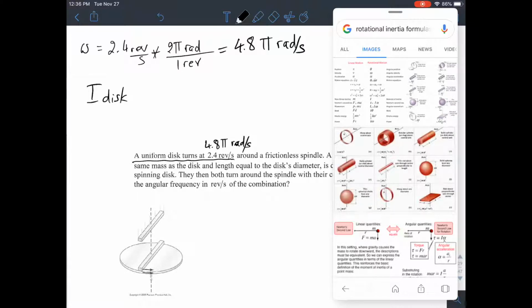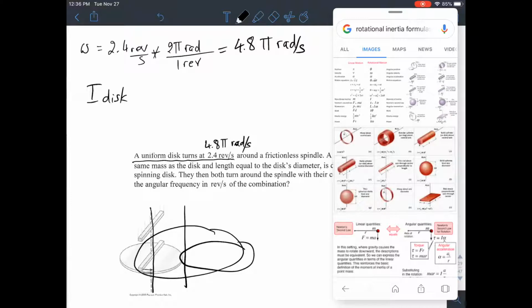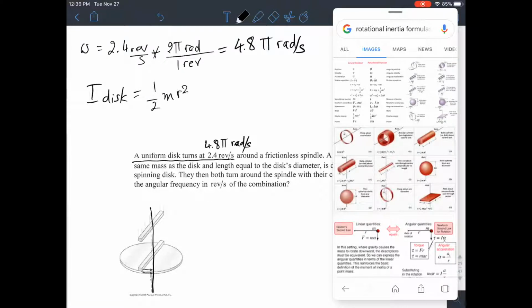You can see the axis here, right? It also matters where the axis goes through, right? What is it rotating around? It's not rotating like this. No, instead, it's rotating through its center. So that matters when you look up the formula. And that is 1/2 mr squared.